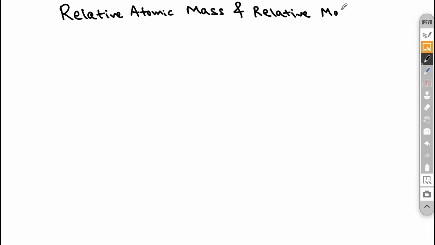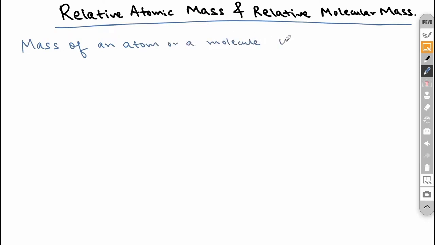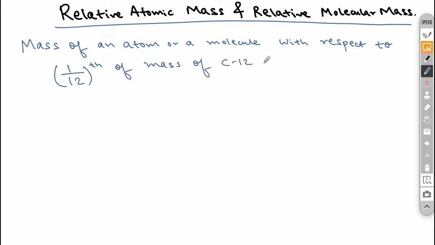Relative atomic mass and relative molecular mass. So we'll discuss the definition first. We'll write that it is the mass of an atom or a molecule with respect to 1/12 of the mass of a C12 atom.